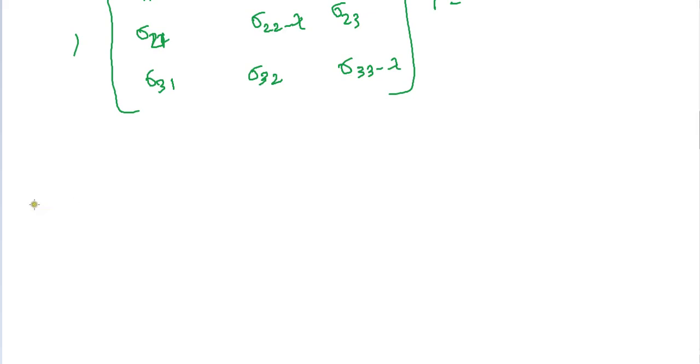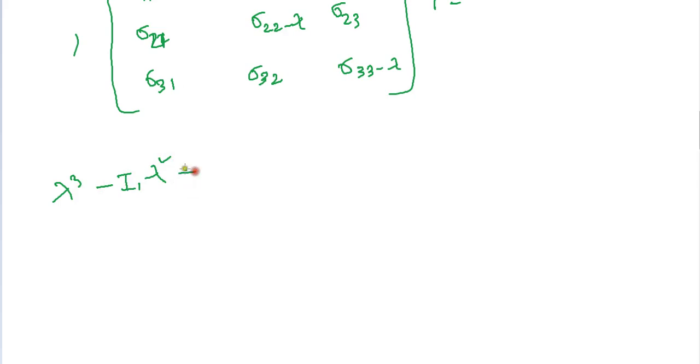You find here the determinant gives alpha cubed minus I1 alpha squared plus I2 alpha minus I3 equal to 0. From the characteristic equations and the lectures on tensors, we have already known that.